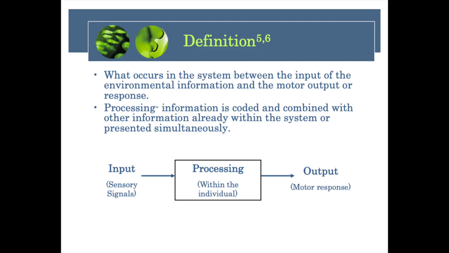And then once that input comes into the system, you somehow process it. This processing encompasses things like encoding the information or combining it with other pieces of sensory information to put together this perceptual picture of what's happening.